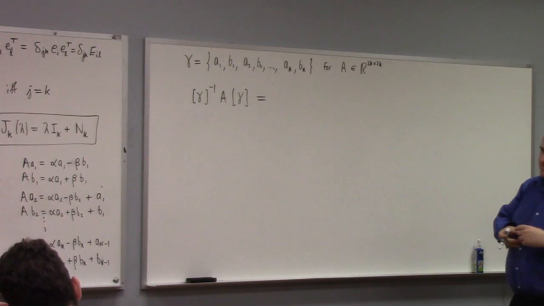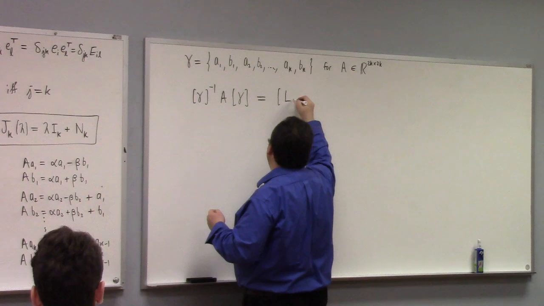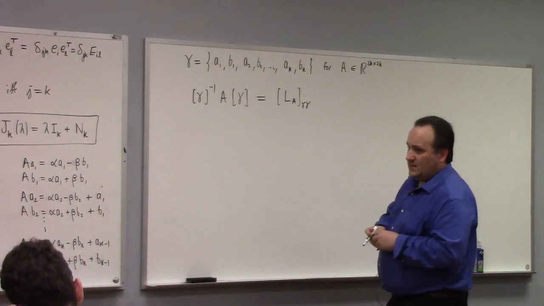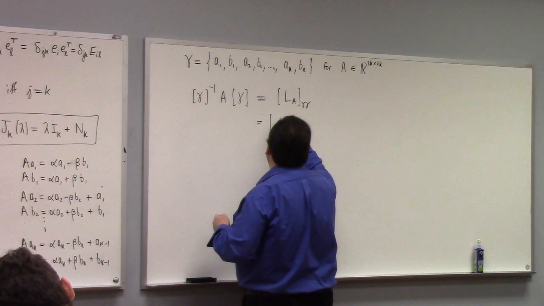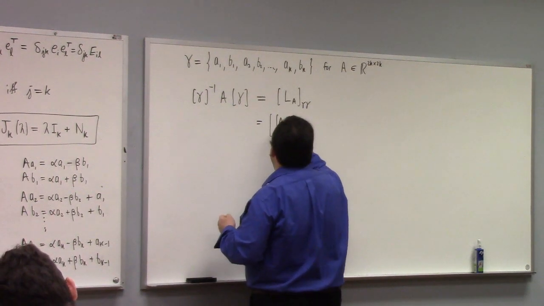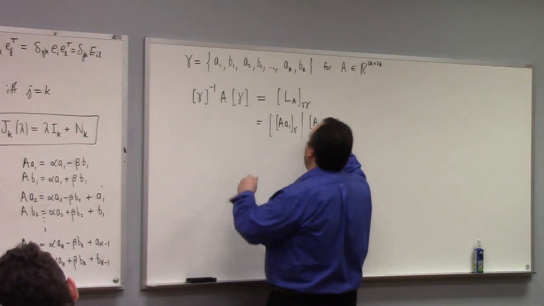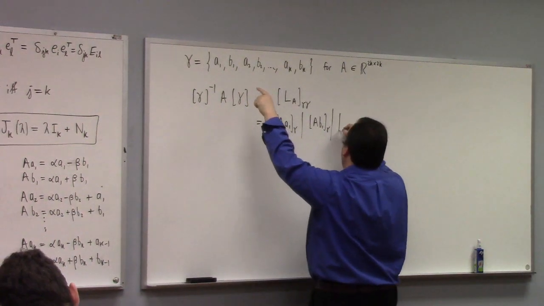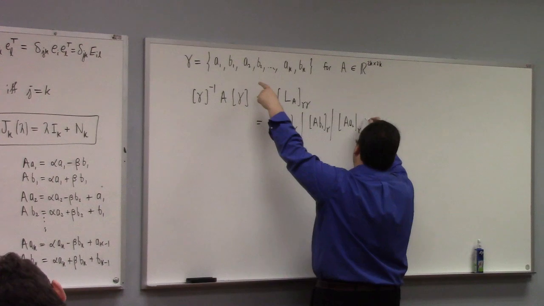If we jump back to my theory, that's the matrix of left multiplication by A in the gamma basis. So what that looks like is: A times the first thing in the basis, written in the gamma coordinate system, then A times the second thing in the basis in the gamma coordinate system, and the third column is A times the third thing in the basis, and so forth.